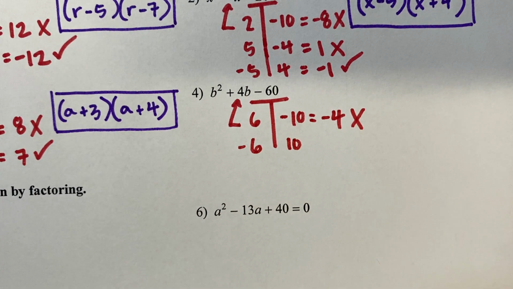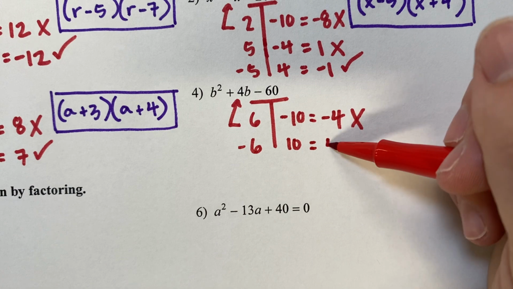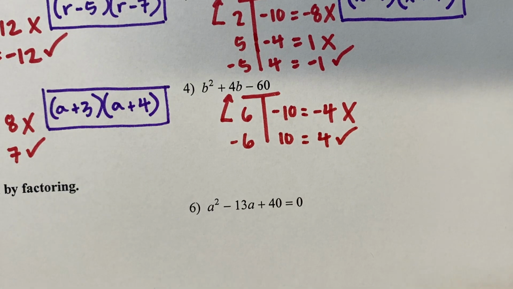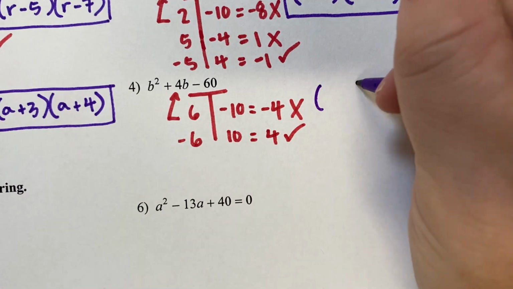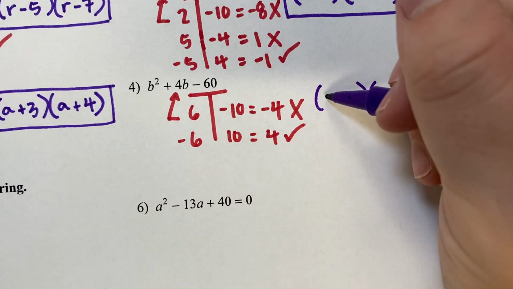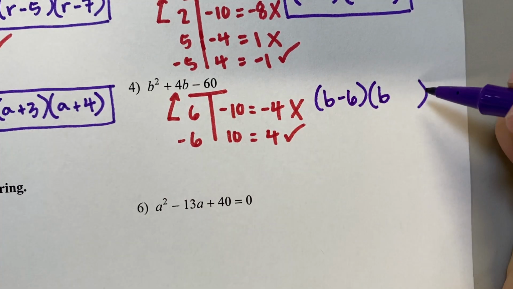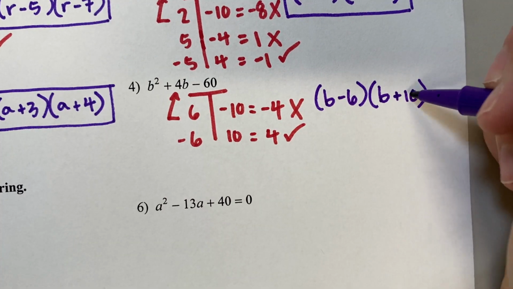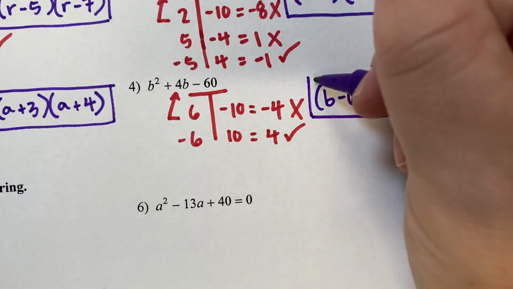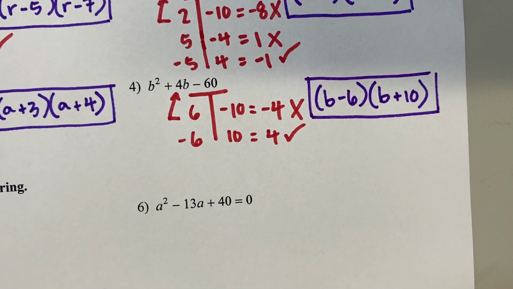Negative 6, positive 10, add those together, that gives me my positive 4 that I am looking for. Two sets of parentheses. This time our variable is b. So b minus 6 and b plus 10. And there we go, factored.